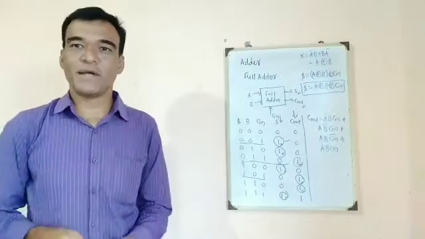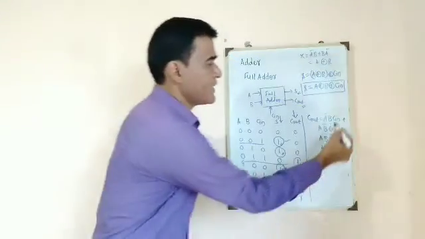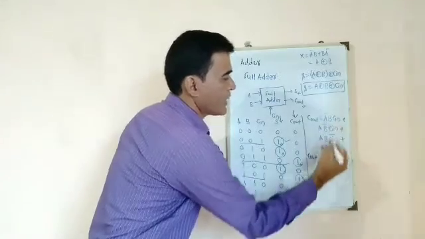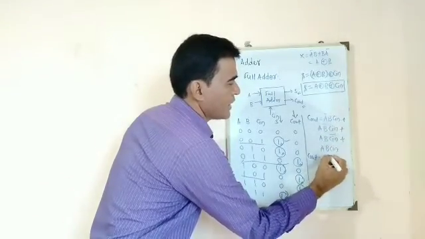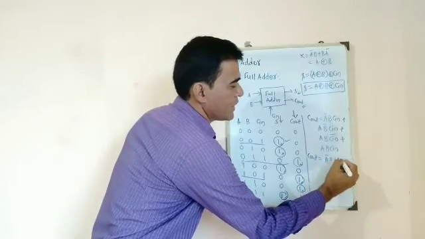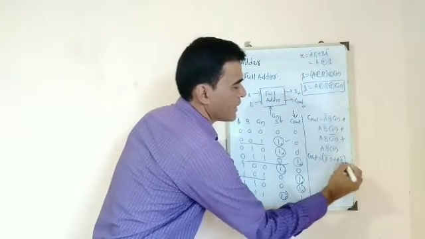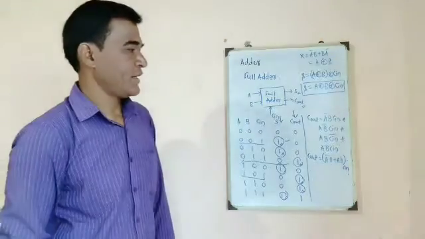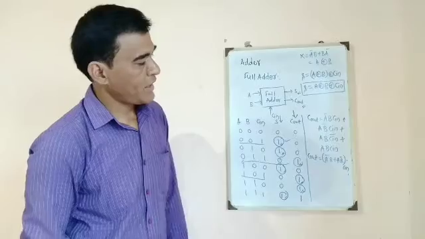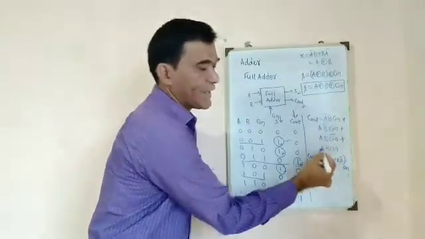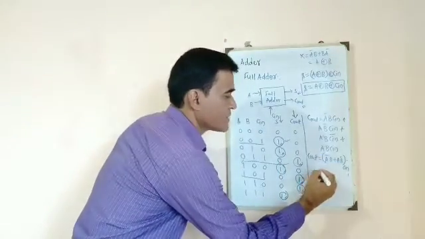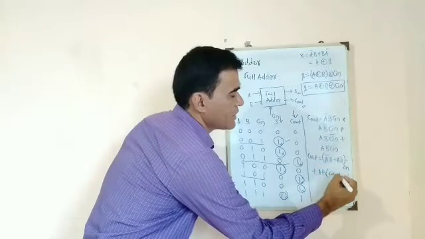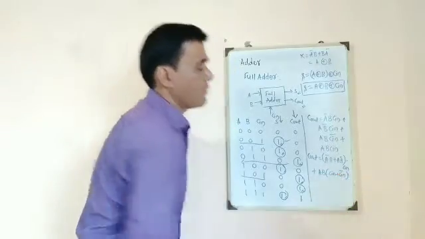Now I need to simplify this. Let us take C in common between the first two. So I can write C out is equal to A bar B plus A B bar, multiplied by C in. Then between the last two I can take AB common, plus AB inside the bracket C in plus C in complement.